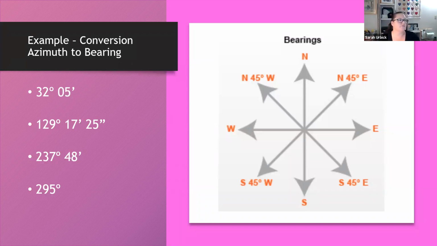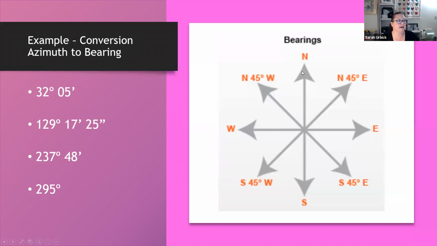All right, so for the first one, if we have an azimuth of 32 degrees, 5 minutes, what would be our bearing? Azimuths always start measuring north and going clockwise.